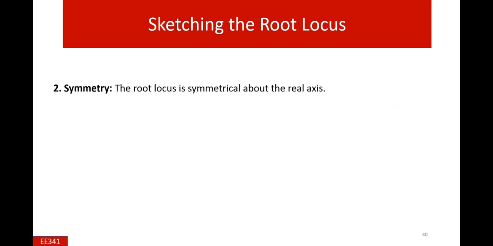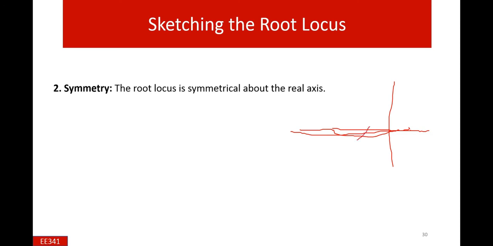Second, as we saw in the previous two examples, the root locus is always symmetric about the real axis. First of all, we have to place the poles of the given open loop transfer function, where horizontal is the real axis and vertical is the imaginary axis.